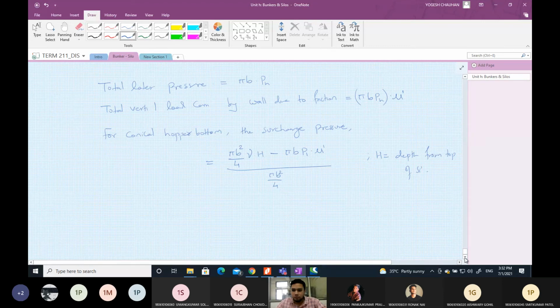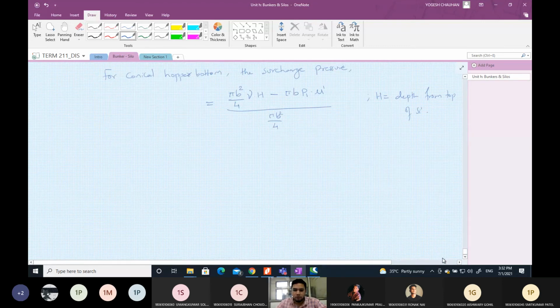Next, we'll take an example of how to design a silo.